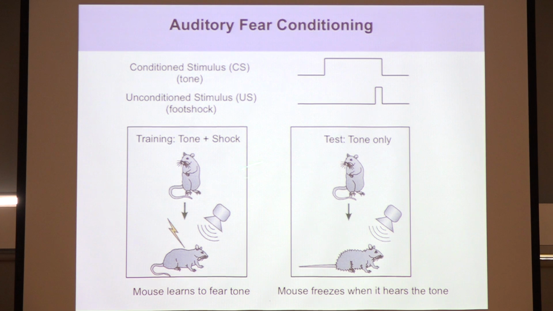On a test day, the next day for instance, when you present the tone back, the animal will display a broad range of conditioned fear responses, including an immobilization reaction that is a good indicator of the fear of the animal, called the freezing response. And we quantify that to evaluate conditioned fear behavior.